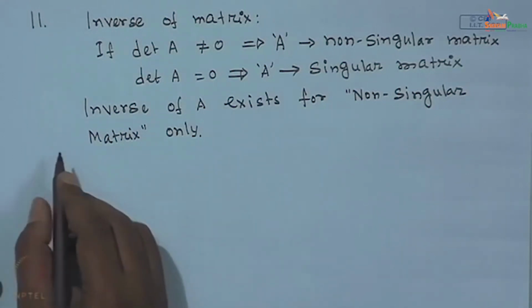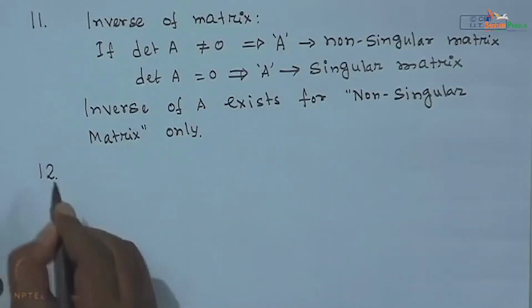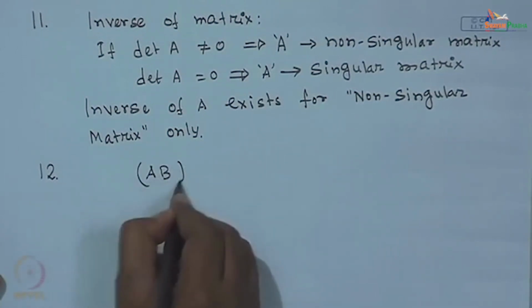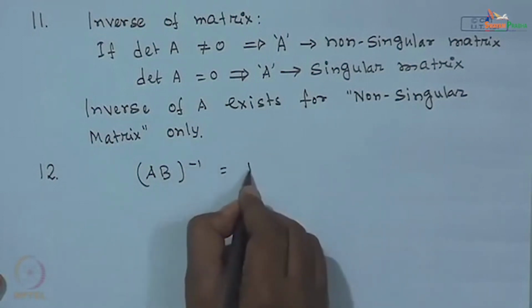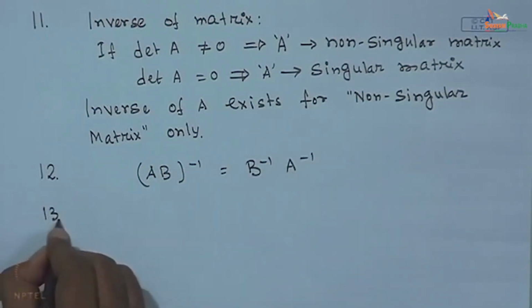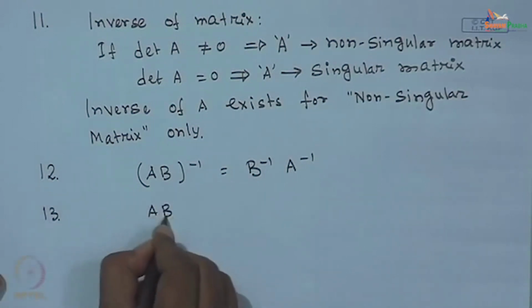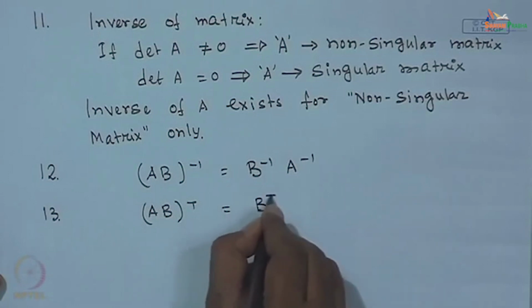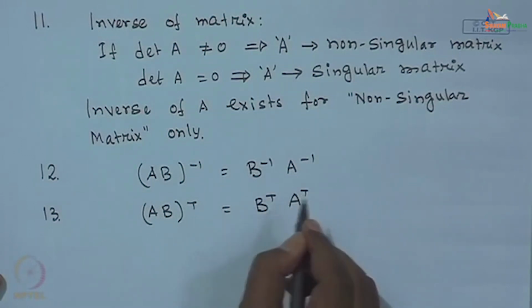Next, we look into some more properties. (A B) inverse is nothing but B inverse A inverse. (A B) transpose is nothing but B transpose A transpose.